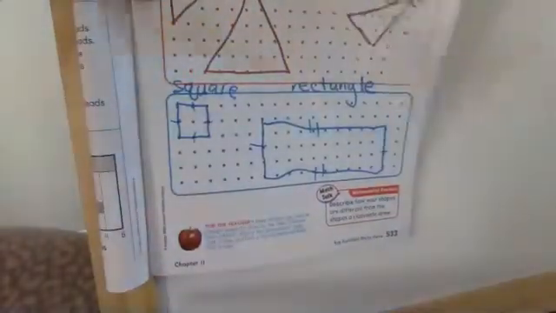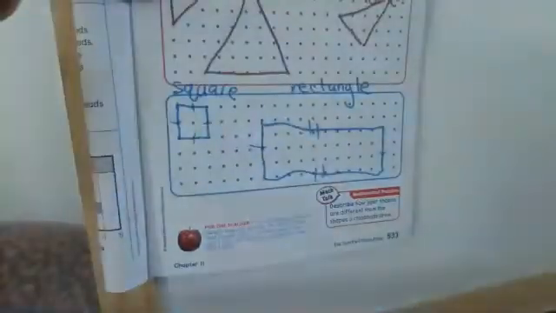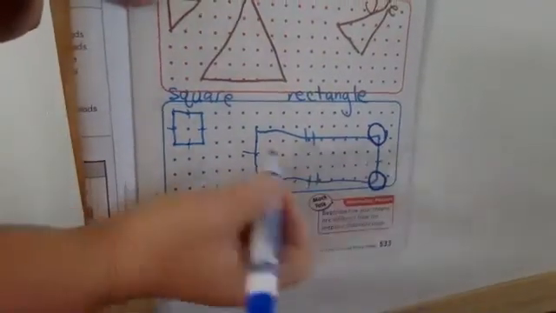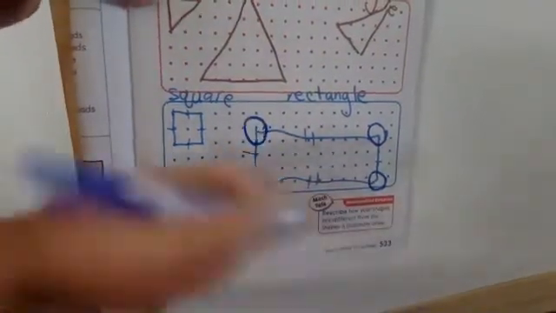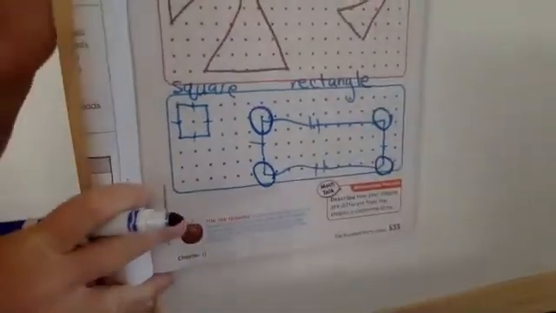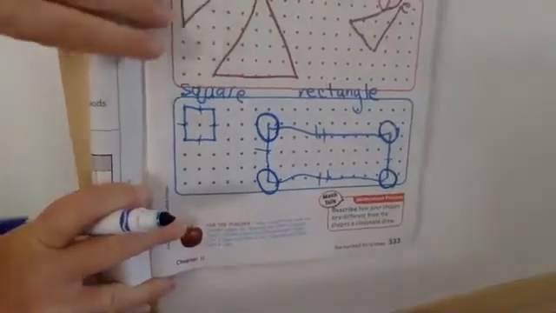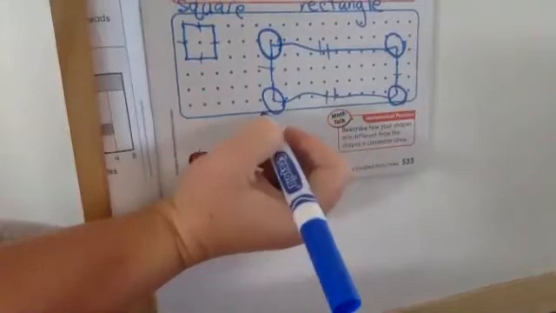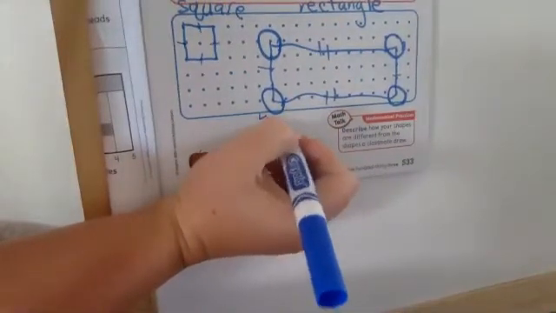We know they told us how many sides. Now, I'd like for you to go ahead and circle the corners. So a lot of times we call them the corners because they're two lines that are coming together. But in math, the mathematical word for it is vertices.